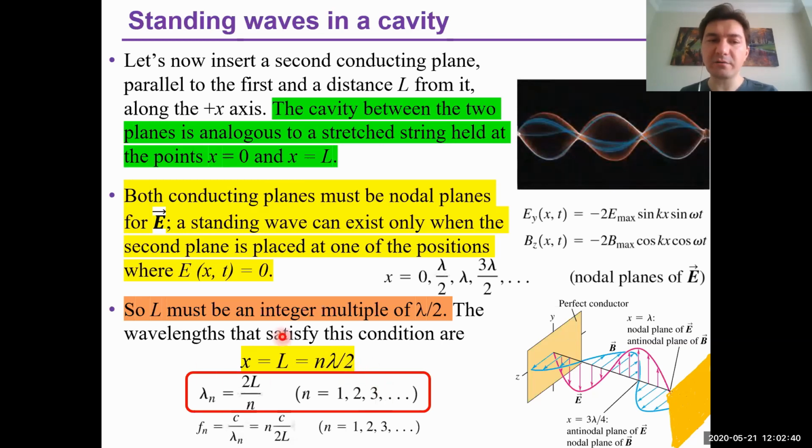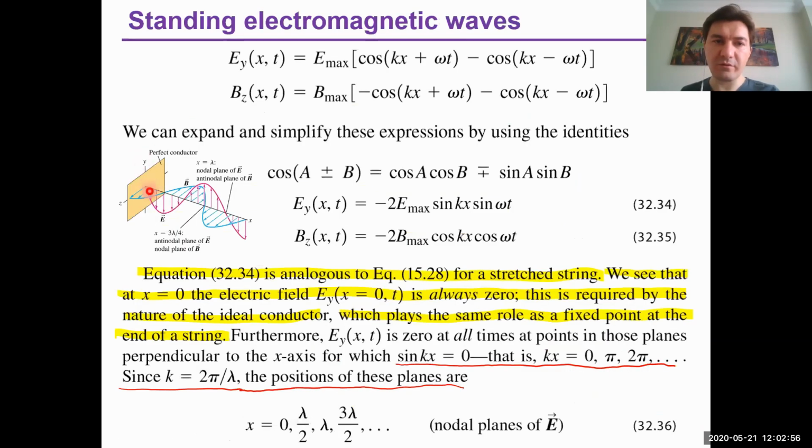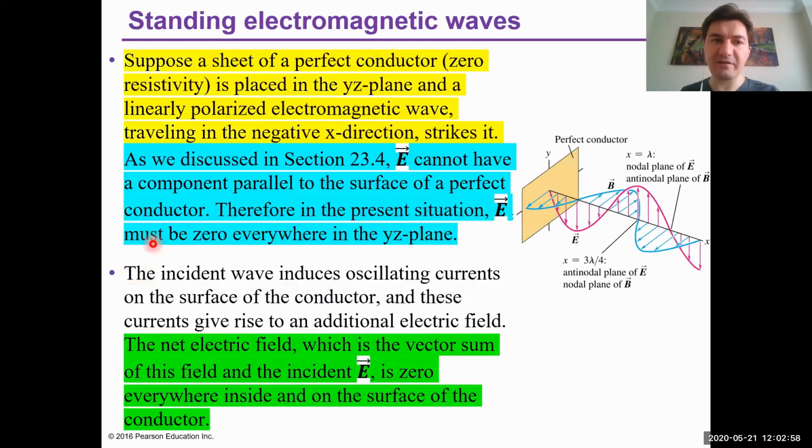Why did I write it like this? Because since we have metal here, the electric field should also be zero here, because we have discussed that the parallel component of the electric field on the conductor must be zero.